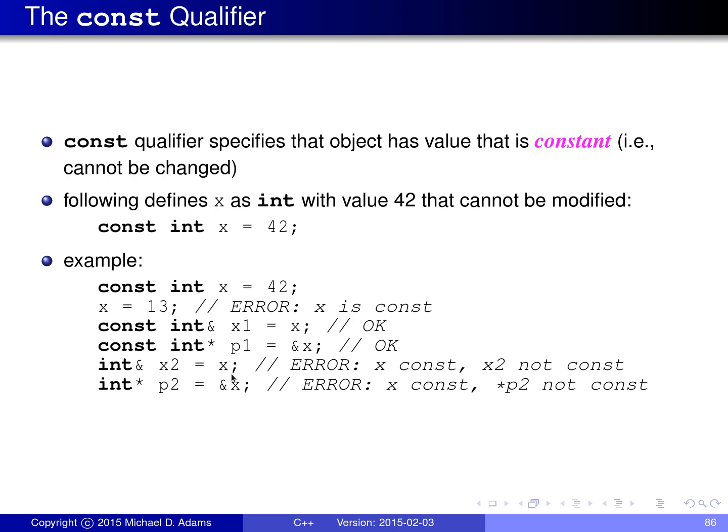So if the compiler let this compile, it would give us a sneaky backdoor way that we could change the value of x, because what we could do is change x2, and we're allowed to change x2 because x2 is a reference to an int, not a reference to an int that's constant. In other words, it's not const int ampersand, it's just int ampersand. So we're allowed to change x2, but x2 is a reference to x.